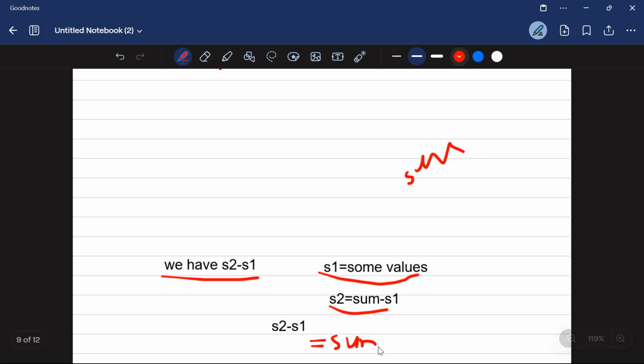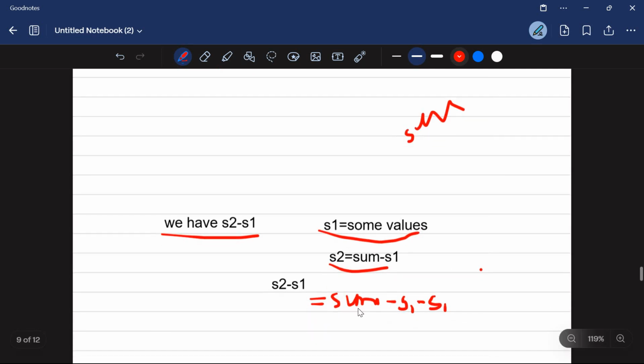Sum minus S1 minus S1. I will get this expression.